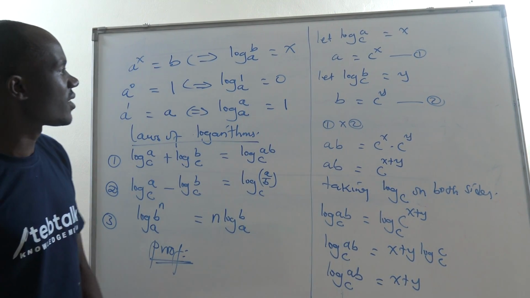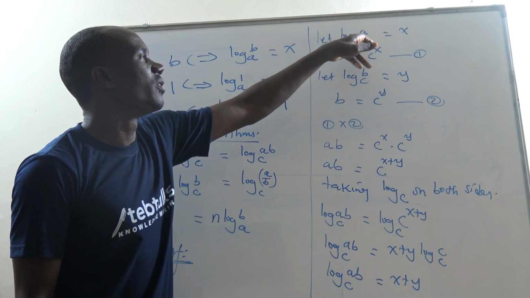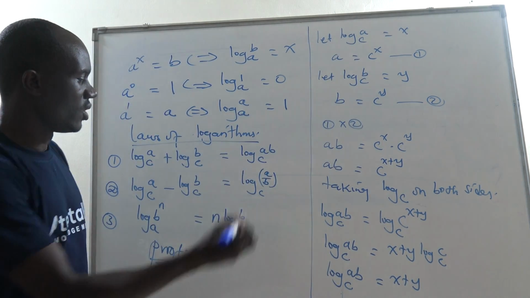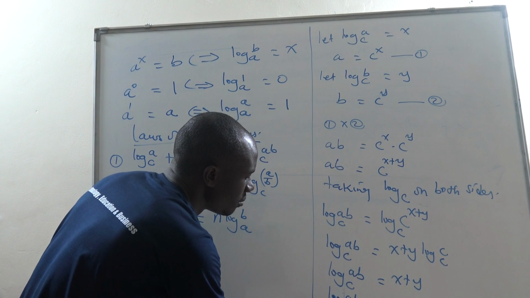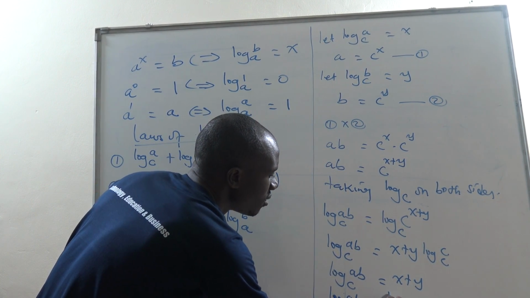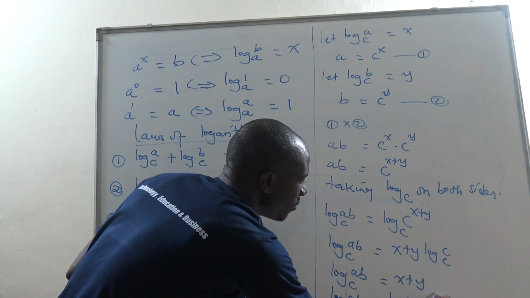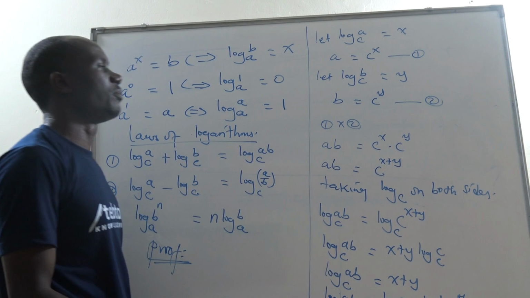But do we know x? Our x is already log of a base c, and our y is already log of b to base c. So we can write log ab base c is the same as log of a to base c plus log of b to base c. So this one has now been proved.